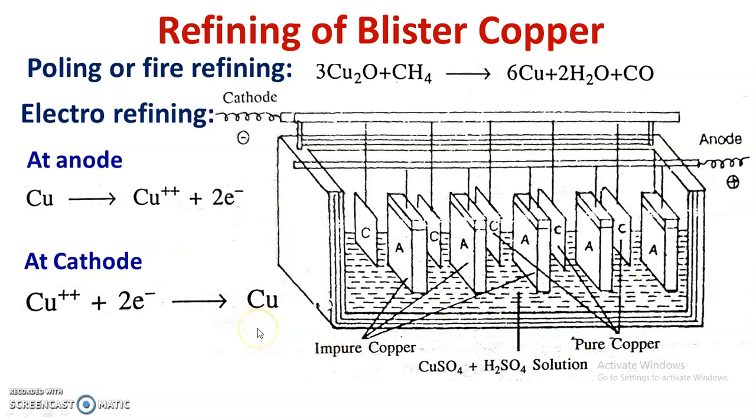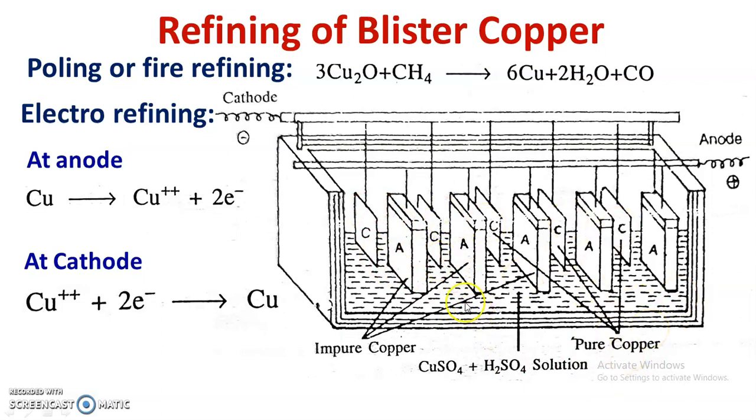So the summary of this point is, in electro refining, an electrolytic cell is used, which contains 3% copper sulfate and 15% sulfuric acid as the electrolytic solution. The blister copper, that is impure copper blocks, is used as anodes, and pure copper plates act as the cathode.